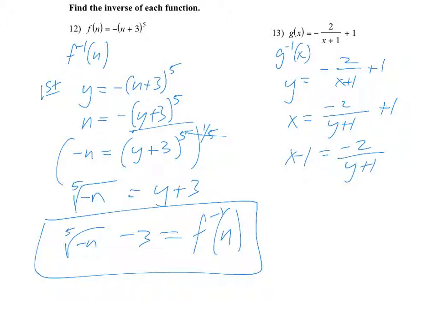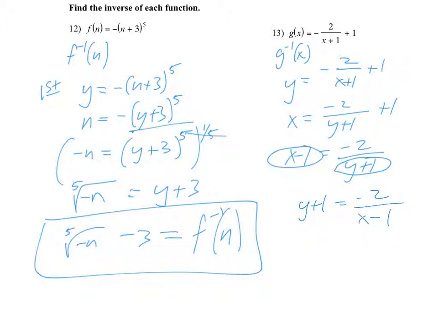Now we want y by itself. It's in the denominator. We can't have it there. So we're going to multiply both sides by y plus 1 and divide both sides by x minus 1. Basically, we're cross multiplying. So this and this are going to change places. So we get y plus 1 is equal to negative 2 over x minus 1.